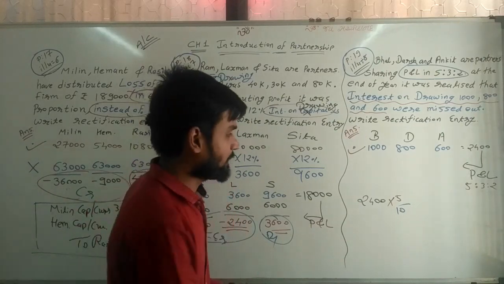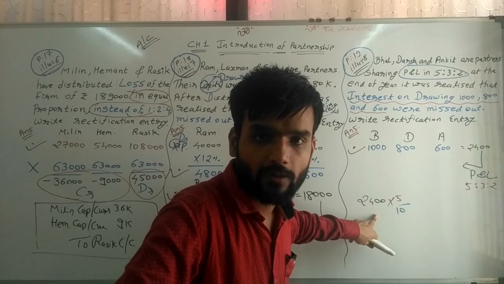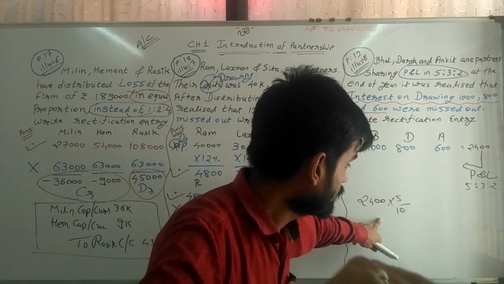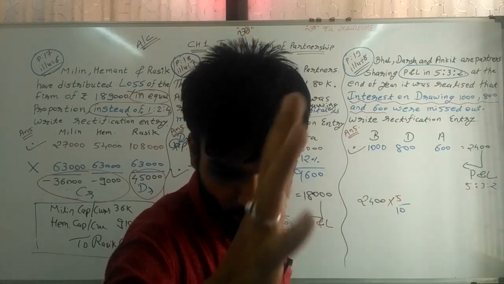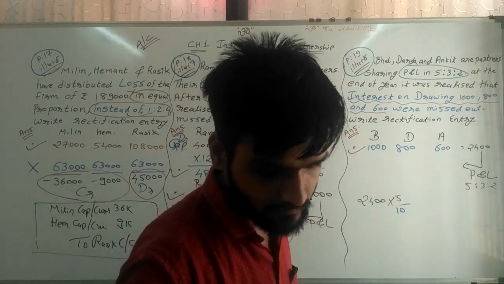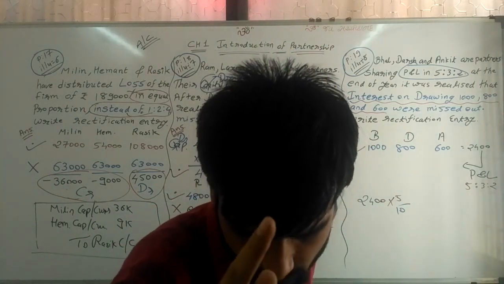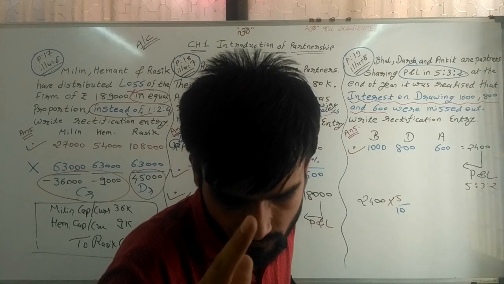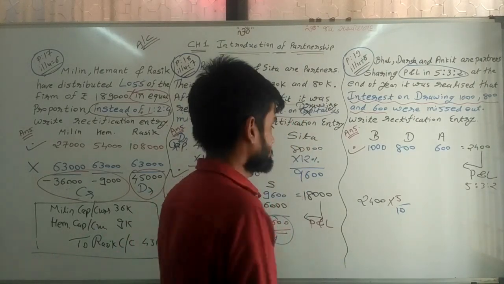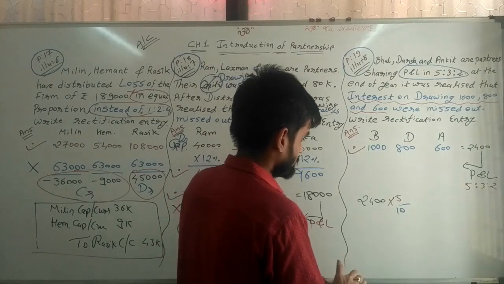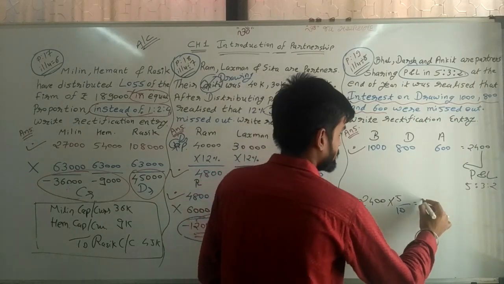Now if you are calculating 2400 into 5 divide by 10, your answer will be 1200 rupees. So answer will be 1200.